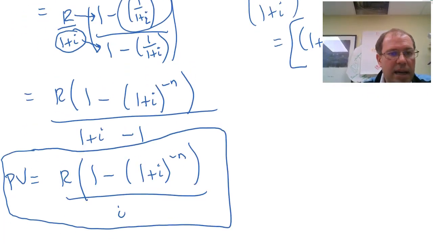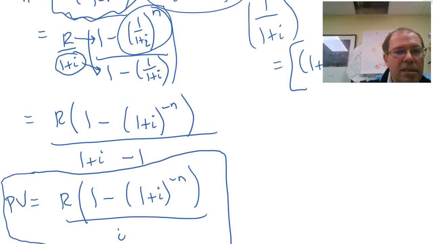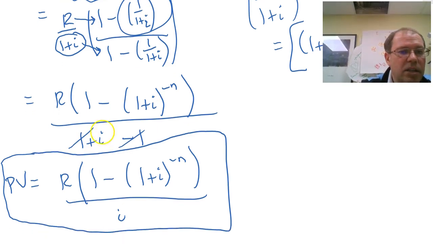So you can see there on the top I've just left the R outside. I've changed the 1 over 1 plus i to the n to 1 plus i to the minus n. And on the bottom I've multiplied the 1 by 1 plus i to get 1 plus i, and the 1 plus i by 1 over 1 plus i. The 1 plus i's cancel, leaving me with a minus 1. And nice and beautiful, the 1 and minus 1 cancel, leaving me with a lovely i on its own.